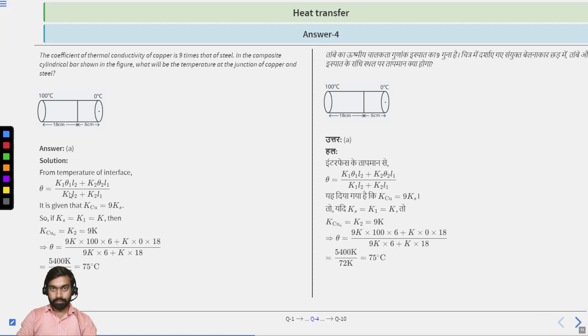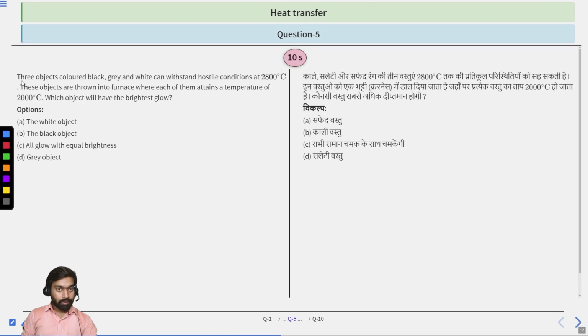Next question, question 5. Three objects colored black, grey and white can withstand hostile conditions at 28 degrees Celsius. These objects are kept in two furnaces where each of them attains a temperature of 200 degrees Celsius. Which object will have the brightest glow?